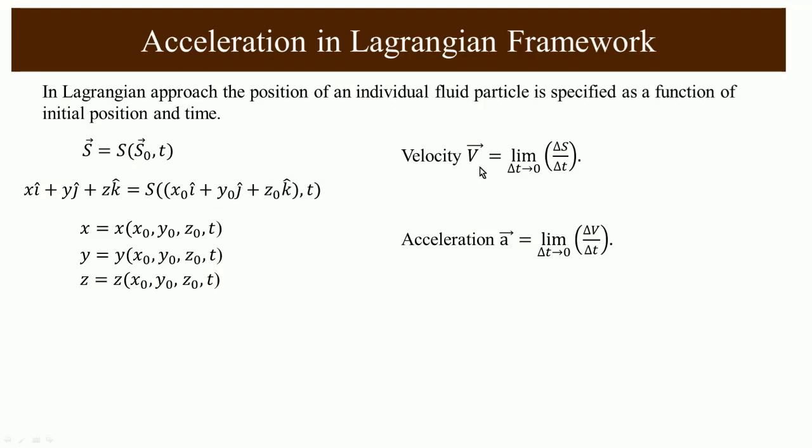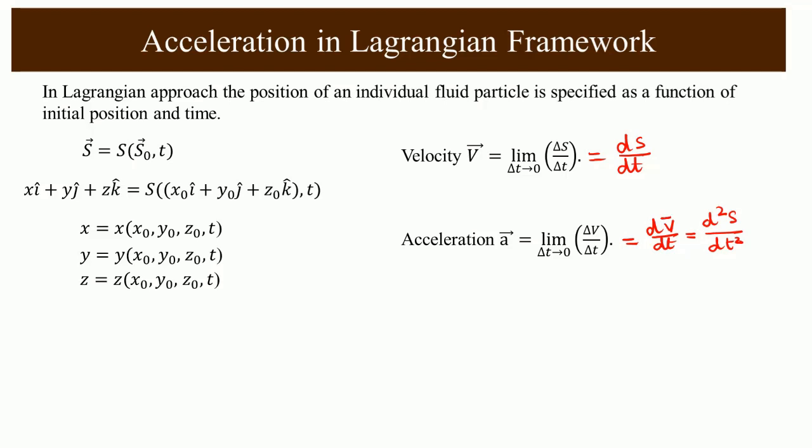So for a particle, velocity is just the derivative of this, that is equal to ds by dt, because this is the definition of differentiation. And acceleration is equal to dv by dt, which is equal to d square s by dt square.